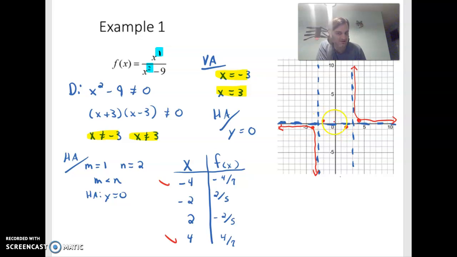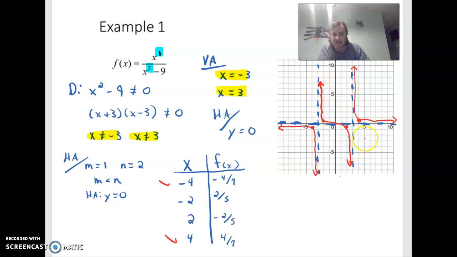One, you can cross the horizontal asymptote. You can't cross the vertical, but you can cross the horizontal. The horizontal is only a characteristic as you move further and further away from the center, as these tails go. But we need these middle parts to do the right thing with the vertical asymptotes, so it makes sense that as I move to the right, this one is going to go down forever, and as I move to the left, it's going to go up forever.